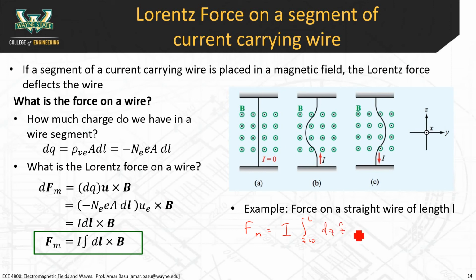And that's going to be crossed with B, and B is pointing in the negative x direction. So B0 times the negative x direction.